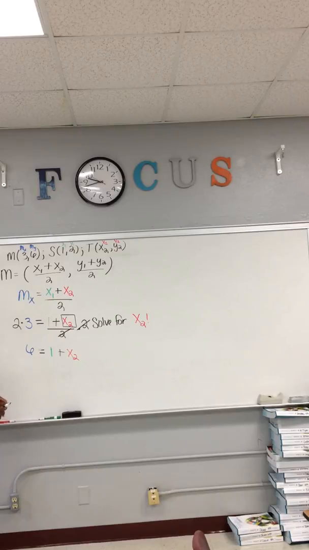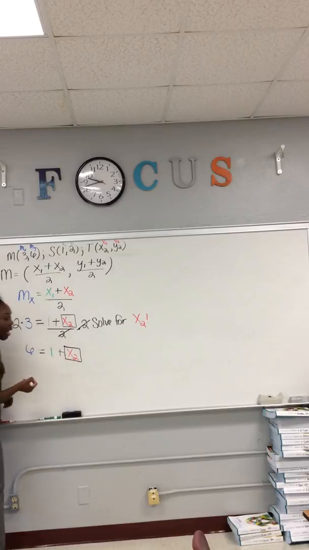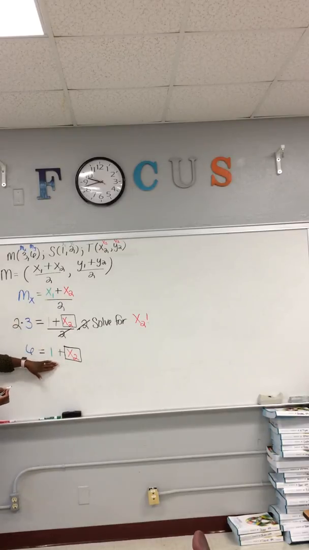Again, trying to get x2 by itself, I need to get rid of what's not in that square. What's not in the square is the 1. I have to do the opposite of positive 1, which is to subtract 1. And whatever I do to one side of the equal sign, I have to do the same thing to the other side of the equal sign. So I'm going to subtract 1 from the 6.